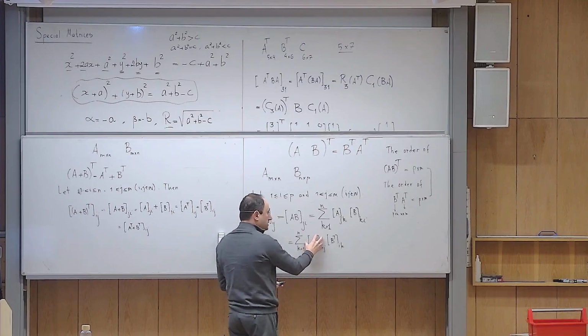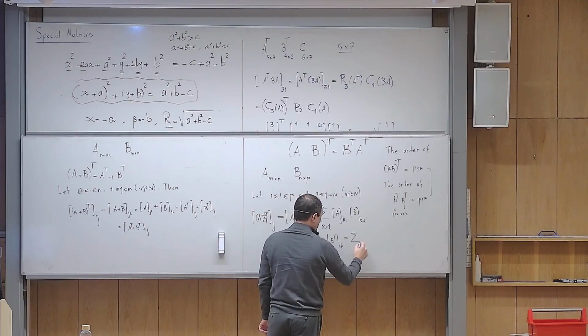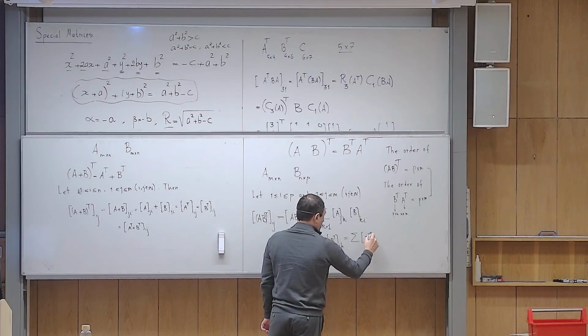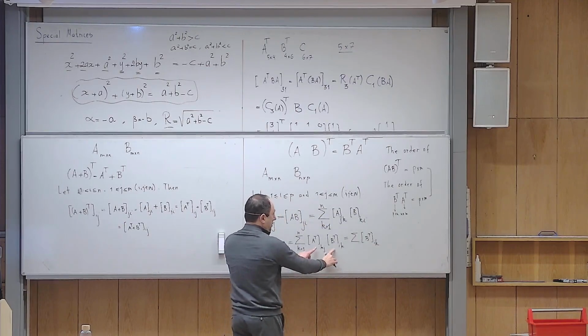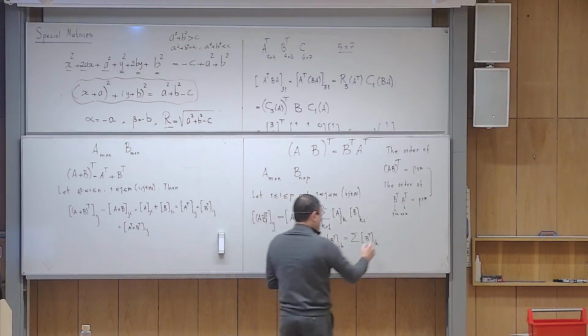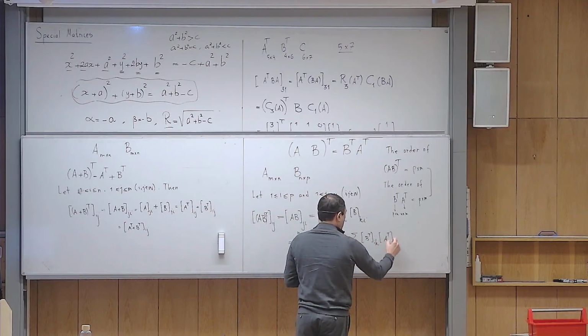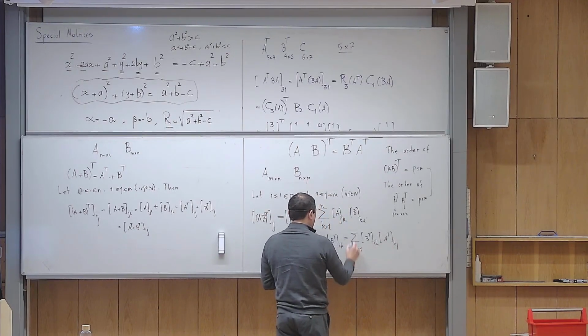Yes, because this one is a number, that one is also a number. I do not have any problems with interchanging numbers. Now, I just want you to feel why I have to interchange: because it is not in the correct form that I need. The correct form, the indices in the middle should be the same. Yes? So then it becomes A transpose KJ, and then K goes from 1 to N.